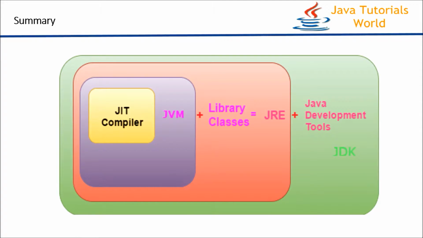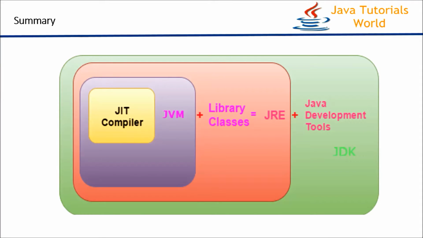Let's summarize the entire discussion with this diagram. JDK contains tools like Java compiler, Java interpreter, Java documentation, Java disassembler, Java debugger, and Java header file generator, plus a lot of other tools.